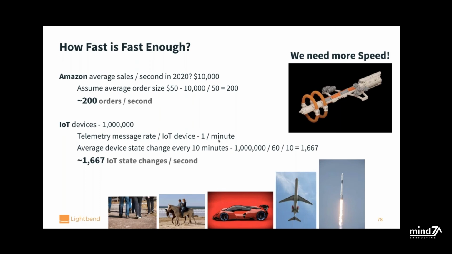It's just sending in telemetry messages once a minute. But let's assume every 10 minutes, something interesting happens, which is going to trigger something in the microservice that receives these requests to make a state change, which performs a logical operation. And that only resulted in around 1700 per second.